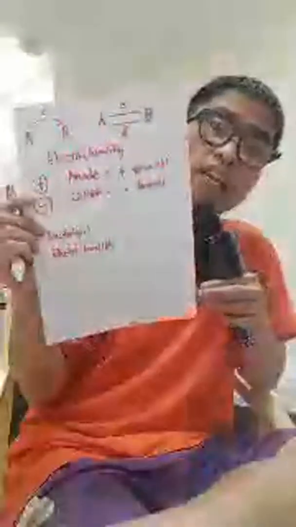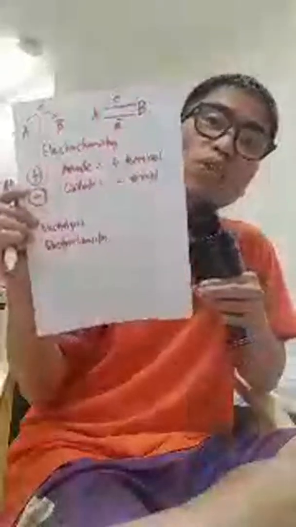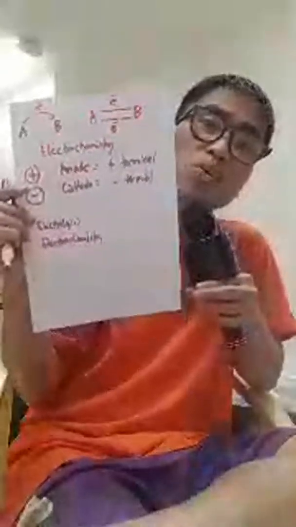These two theories are used in gadgets and technology to produce power. Without this, we don't have light now. I cannot do my vlogging without electrochemistry and electrolysis, because this is the theory behind producing electrical current and electricity. Or else your phone will not be on without this theory.